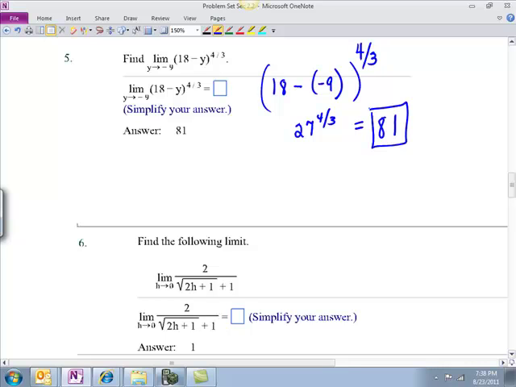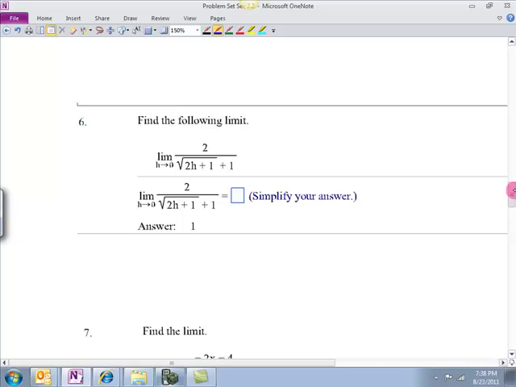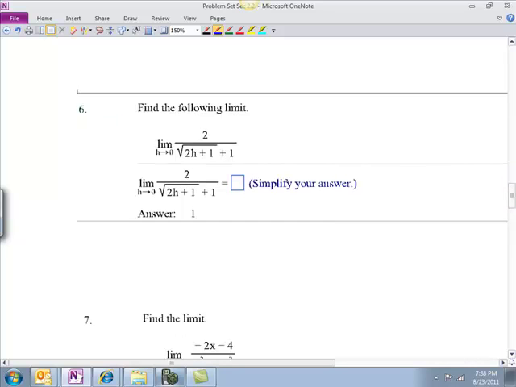I'm not saying you'd want to, but in theory you could. If you have a fractional exponent, remember the bottom of the fraction is the root, the top of the fraction then is raised to that power. Okay. So let's get to one right here. Is there a problem with this guy?